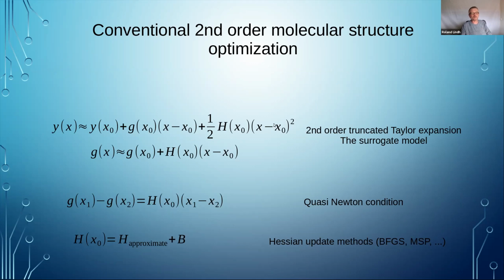Usually when we do optimizations, we compute the energy and we compute the gradient at some arbitrary points. But we usually use an approximate Hessian because it would be just too expensive to compute the second derivatives. And to accommodate for the fact that the Hessian is approximate, we use Hessian update methods to make the Hessian comply with the quasi-Newton condition. So the BFGS method is one such method.